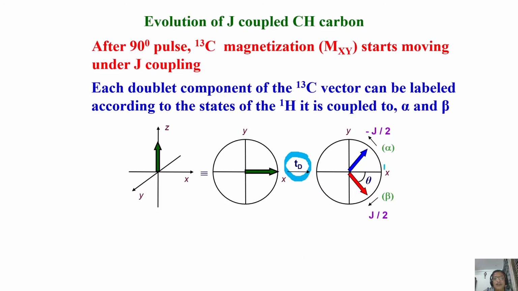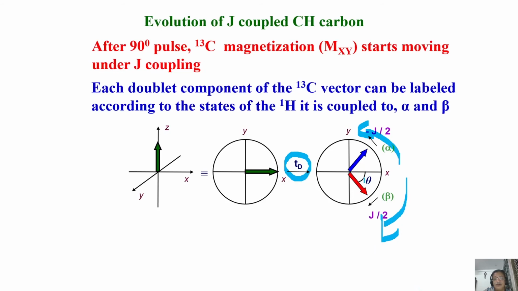Exactly what happened, as I said: one is a fast moving component, the other is a slow moving component. There are only two components for CH because it is a doublet. The doublet comes because of the alpha and beta spin states of the protons, right? So the alpha component of this carbon 13 starts moving like this, and the beta component starts moving like this.